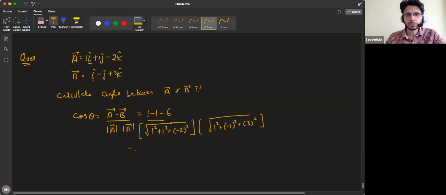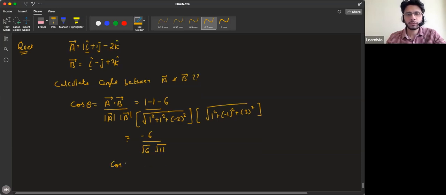So this is minus 6 divided by root of 1 plus 1 plus 4, that is root 6, and 1 plus 1 plus 9 is 11, so root 11. So cos theta for this particular case is minus 6 by root over 66. This is how you can calculate the angle between two vectors if the vectors are given in this form.